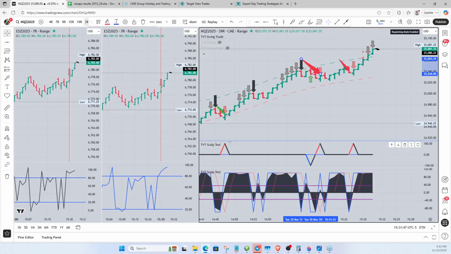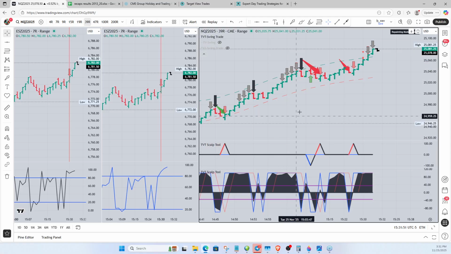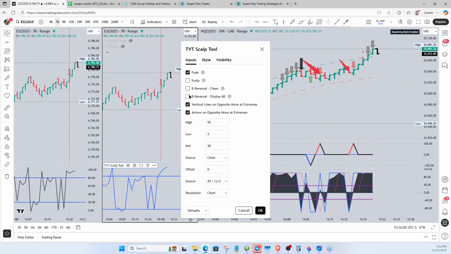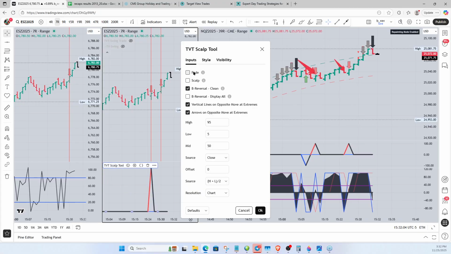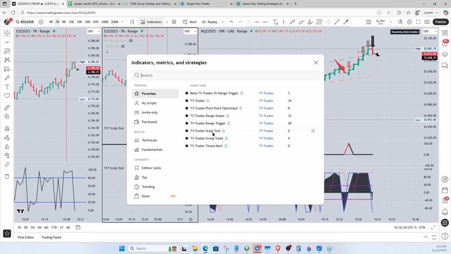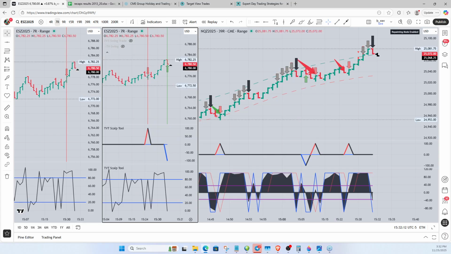How do you separate the two bottom indicators? I just put two of them on, John, individually. What I did, like this one over here right now that has a scalp tool on it, you can change this to be the B rev. Undo the fade, change it to be the B rev, say okay, and then just put another one on down there with it.